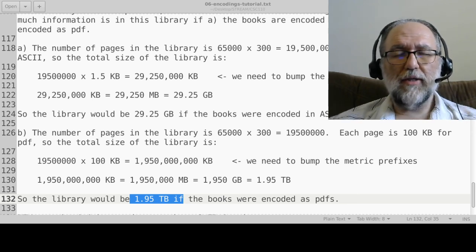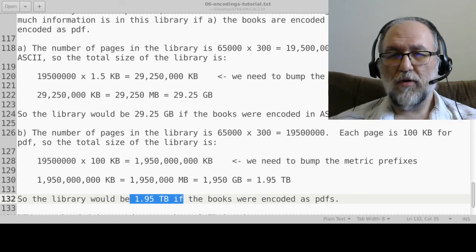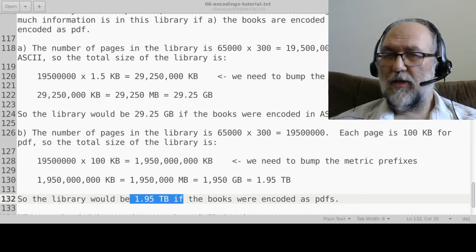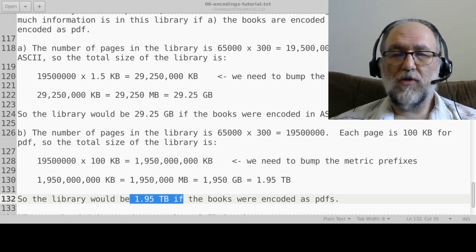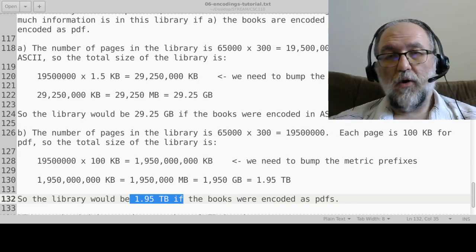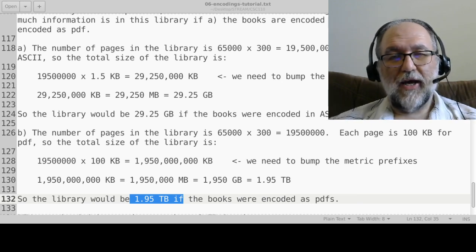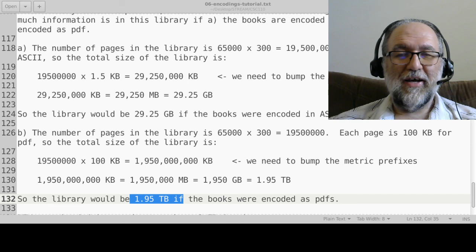And so this gives you an idea of just how much information you can save in a computer. You could save an entire library of 65,000 books, and there's no way in a lifetime you could read 65,000 books. Even if you read a book a day, you'd only do 365. That means it would take you 3 years to do 1,000. You're not going to be able to sustain that for very long.